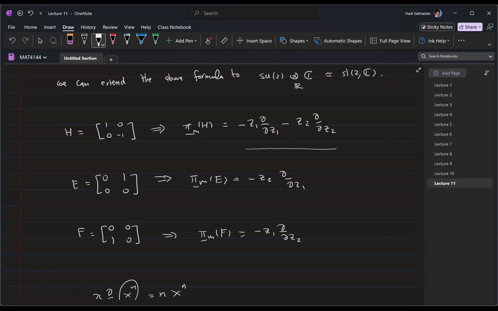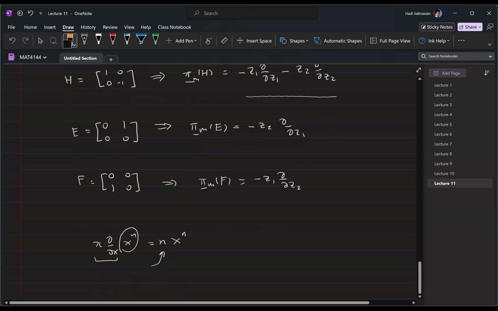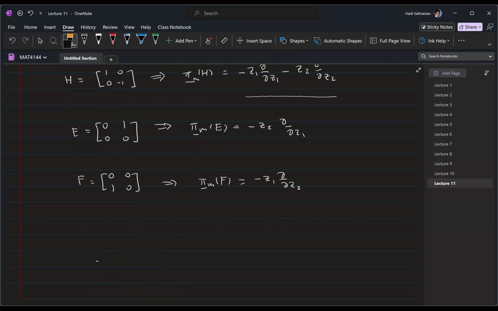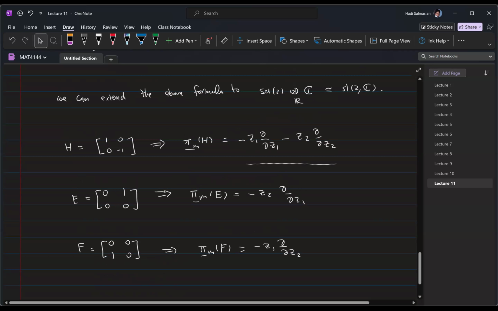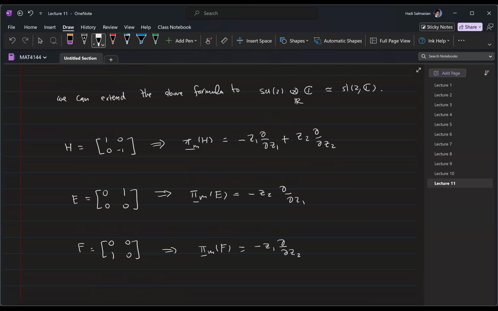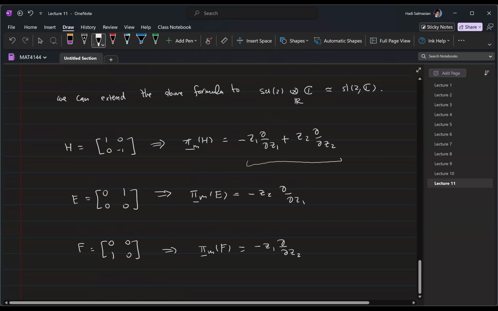Okay, but now I just realized that I had a mistake. I shouldn't have said all of this. I just had a sign error here. Not exactly, there's a plus sign. What I said was correct, but I forgot about this. The sign changed, so the picture is a little bit different. But still, the degree of Z1 and Z2 will not change.